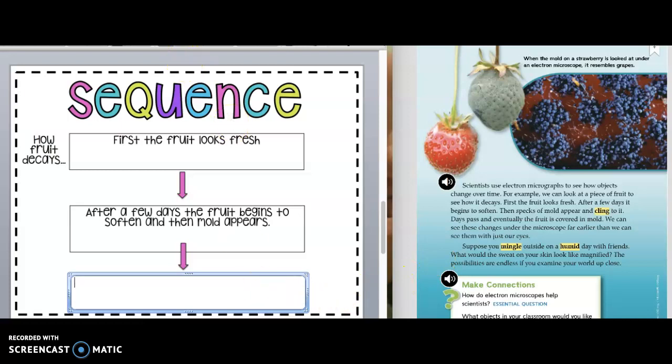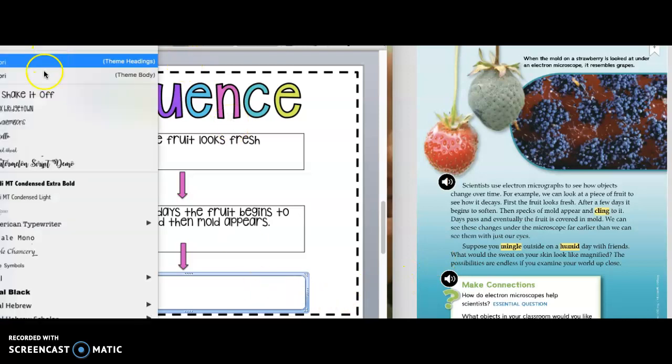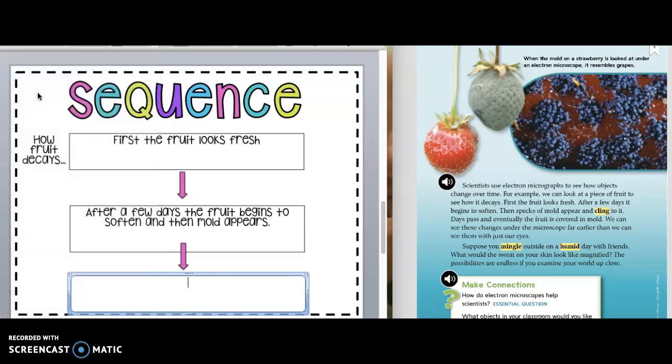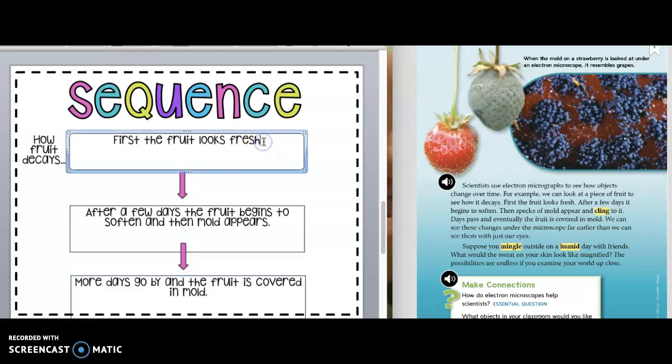And again, I'm going to put it into my own words just because I think it makes more sense to me if I were to put more days go by and the fruit is covered in mold. I'm going to go in and add my periods. But that right there is an example of how fruit decays.